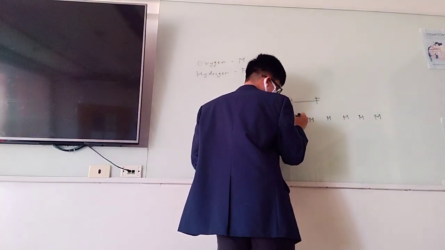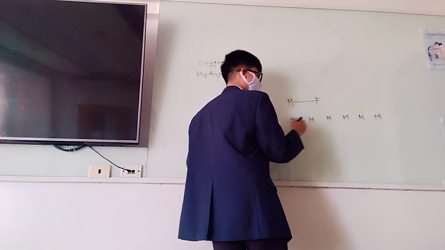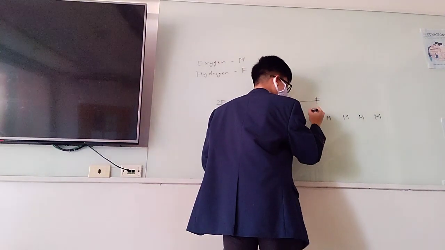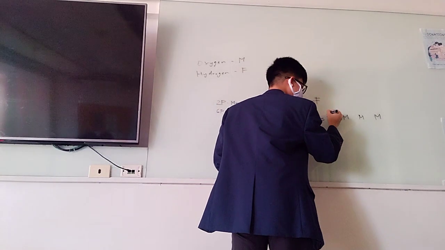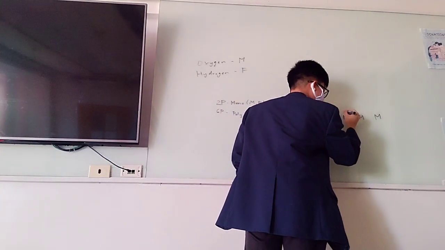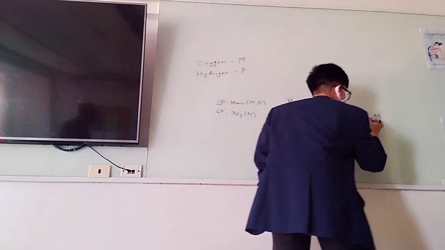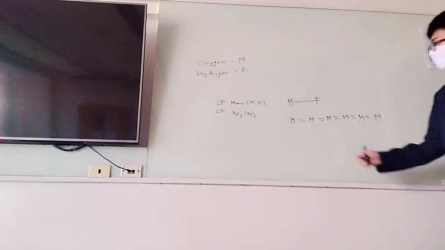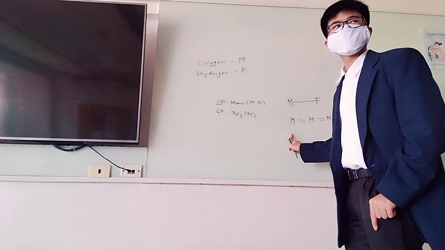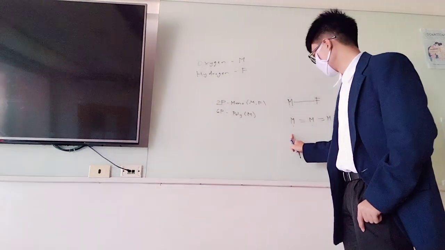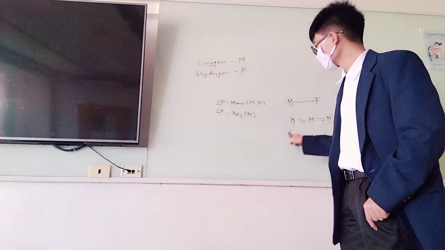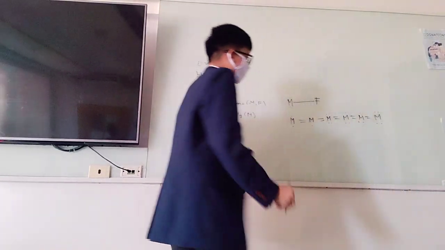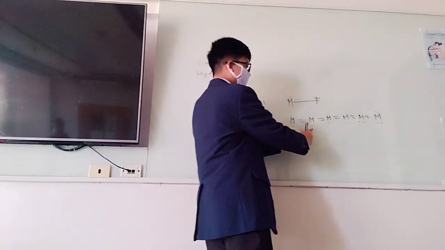You notice that when we create a compound, the valence electrons per element stay the same. It's constant. It always stays 6, and it has to be balanced.